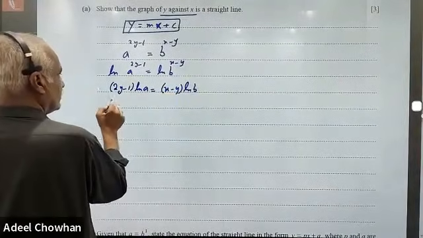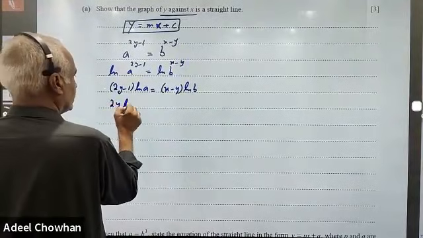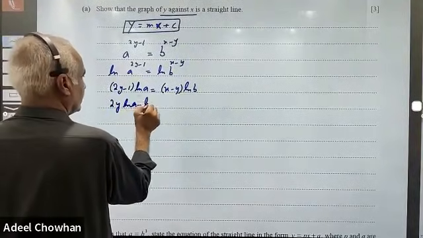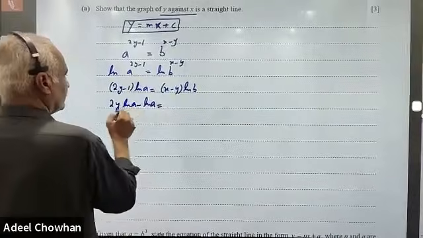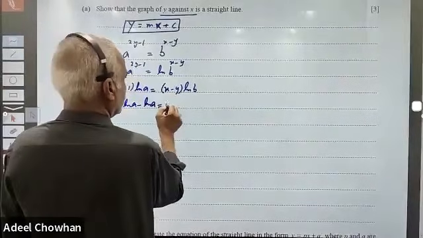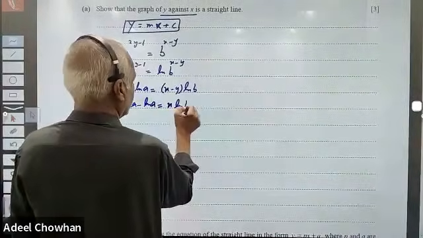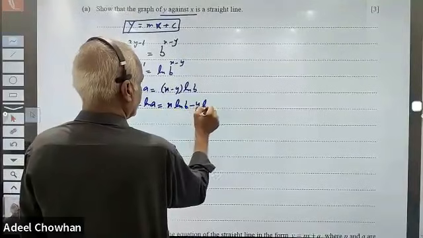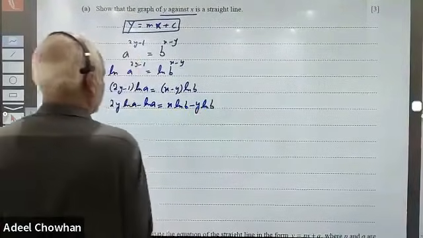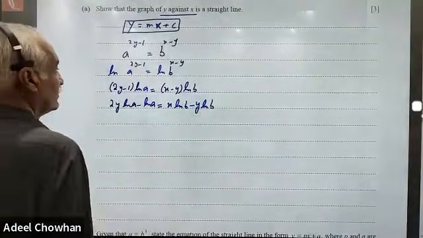Now we open it: 2y log A minus log A is equal to x log B minus y log B, because we are going to convert it into the form of y.